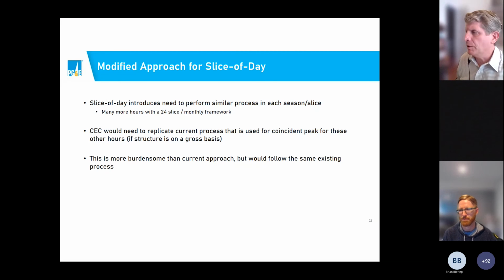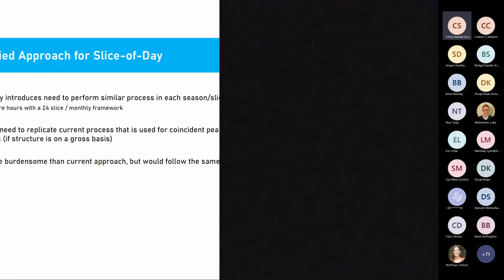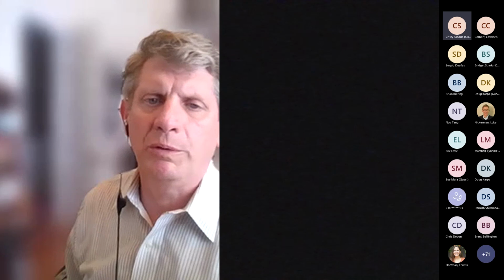And I'm hearing a desire to some degree to spend some more time on discussing storage, and storage in particular with regard to some of this slice of day framework. The only reason I bring that up is that I think it's probably fine for us to change the schedules, but I think we need to have a discussion about that and whether or not we want to move forward with it.